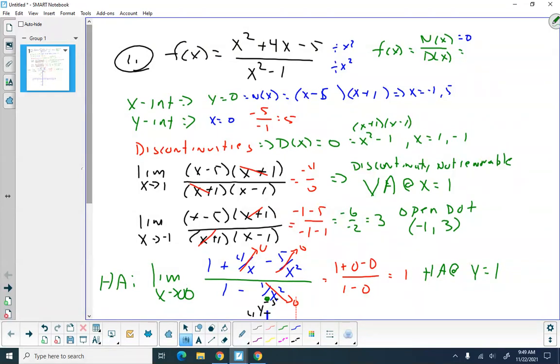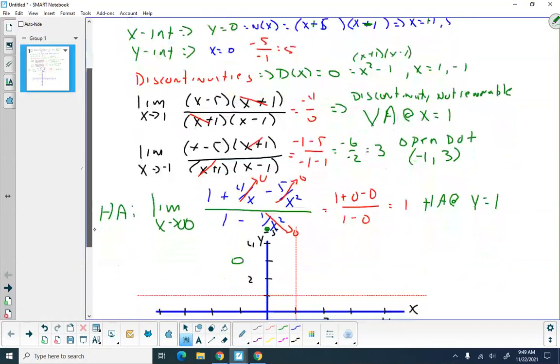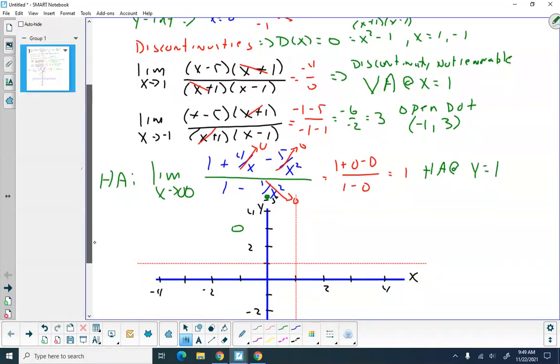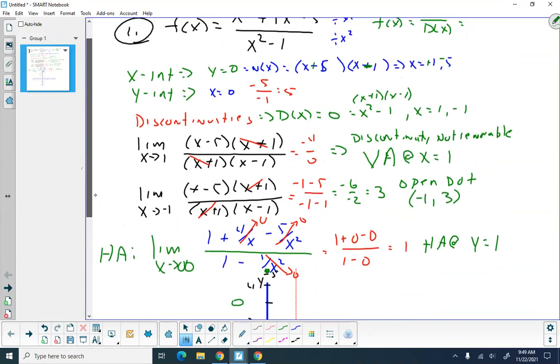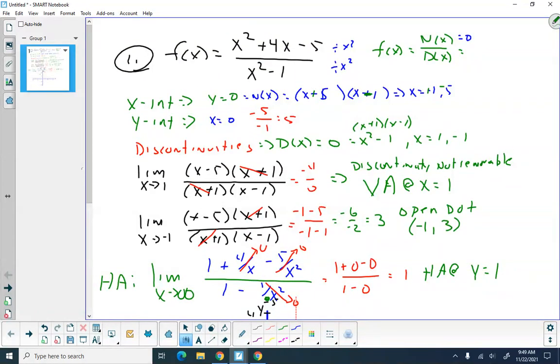Are those correct x-intercepts? Should this be a +5 and a -1? Yeah. So this should be a +1 and a -5. It's not -1 and 5. This factors x plus 5 and x minus 1, correct? Oh no, the 4x is negative. So the 4x is negative?